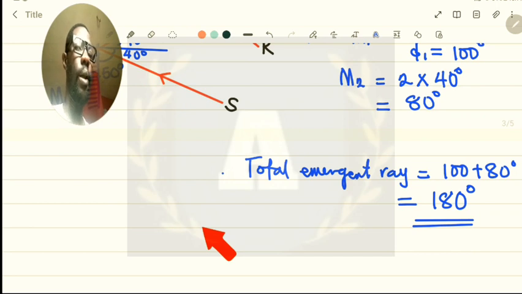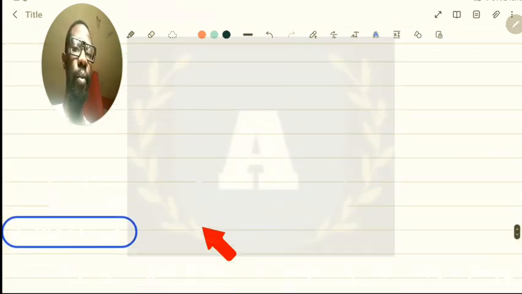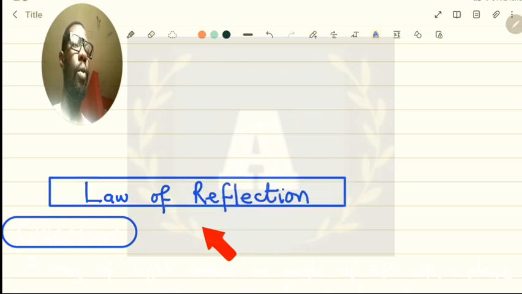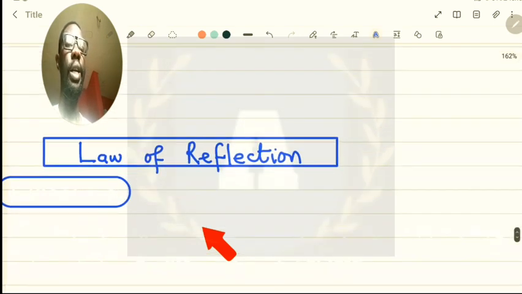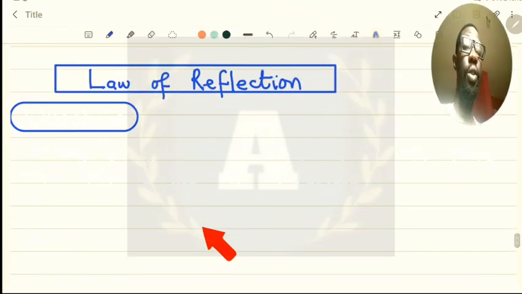All right. So do we still have a question? Yeah, we have another question in another aspect of light waves, which has to do with the law of reflection, though we've been dealing with the law of reflections in the previous questions too.